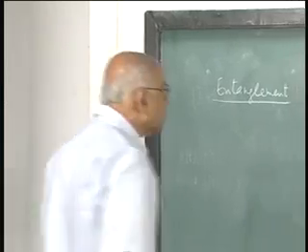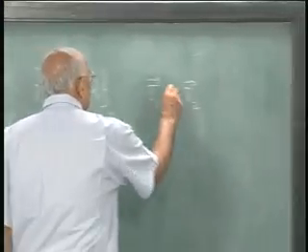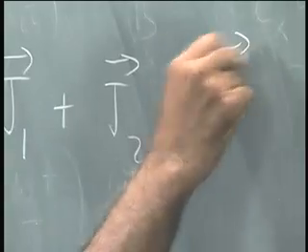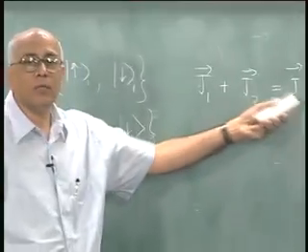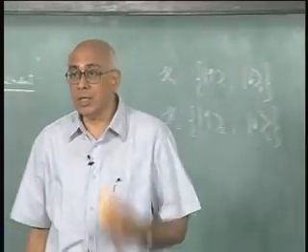Then the question is, if I add these 2 and I call this the total angular momentum, what are the possible values of this capital J or J squared? What are the eigenvalues of J squared given the eigenvalues of J1 squared and J2 squared?